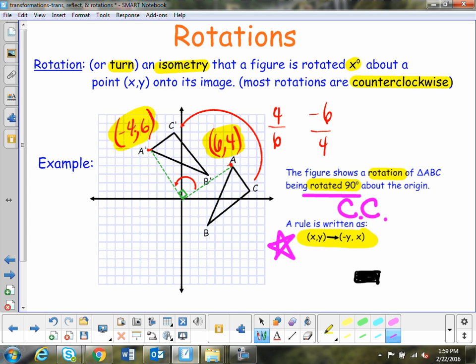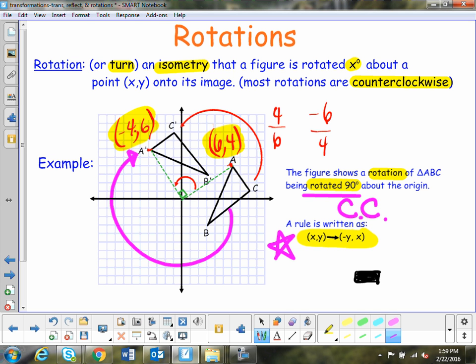270 degrees. So if I tell you on the test, hey, rotate it 270 degrees clockwise, you've got to know that it's the same thing as this. 270 degrees clockwise is the same thing as 90 degrees counterclockwise.